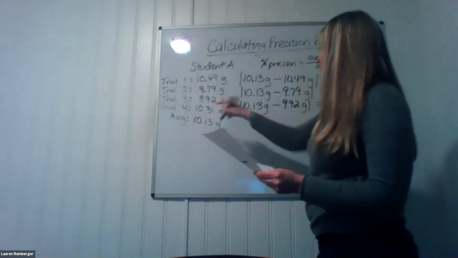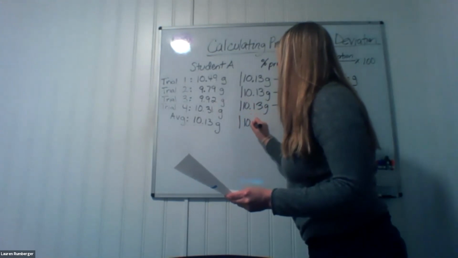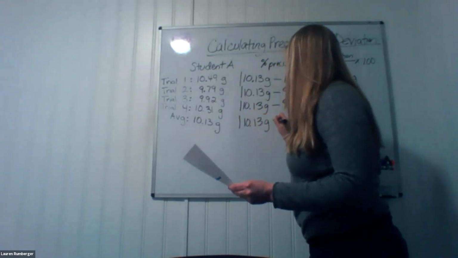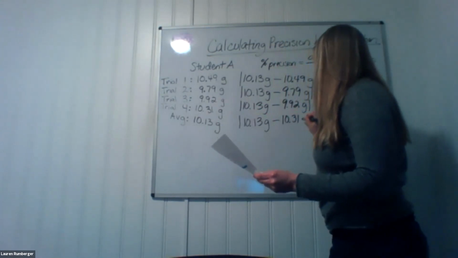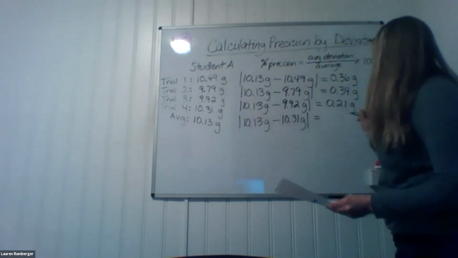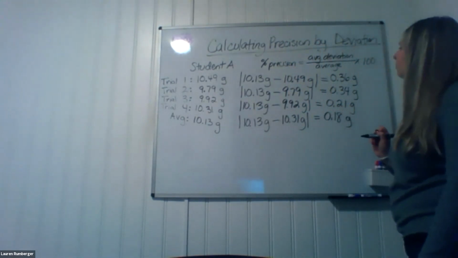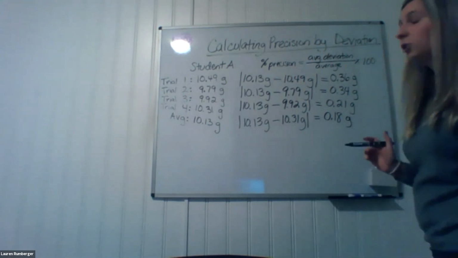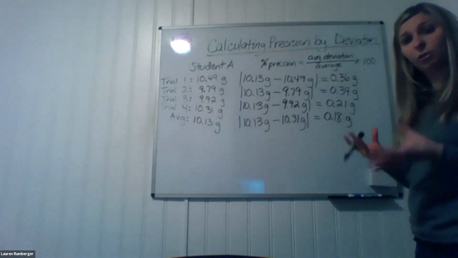And then the final trial, trial 4, we'll be taking the absolute value of 10.13 grams minus 10.31 grams to give us 0.18 grams.